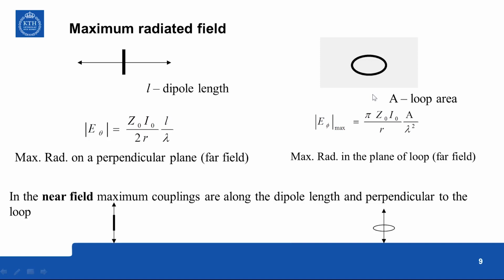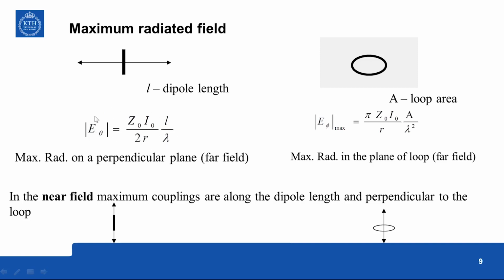Now, where will be the maximum radiated field? So this is a dipole. First we look at the far field. Maximum electric field we have seen before is when theta equals 90 degrees. So in this direction, and the expression is given by this.